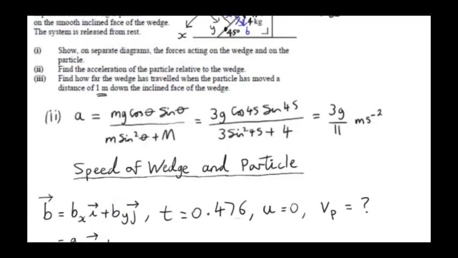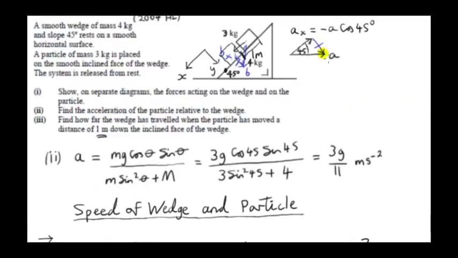What about b sub y? Well, we saw that b sub y, this vector here, is the same as a sub y. So here's b sub y. A sub y is a sine 45.